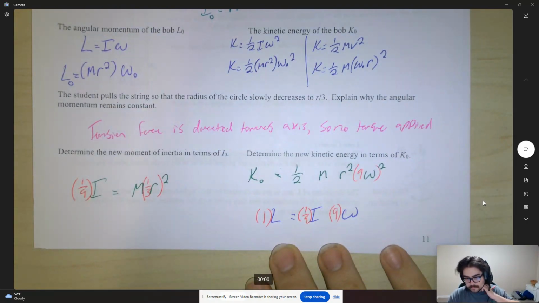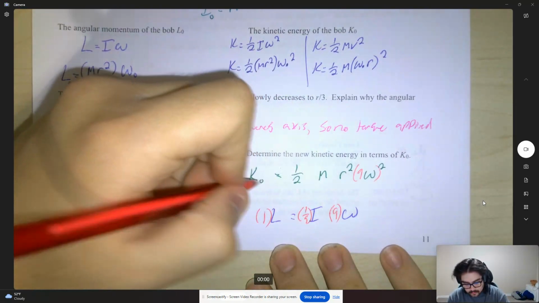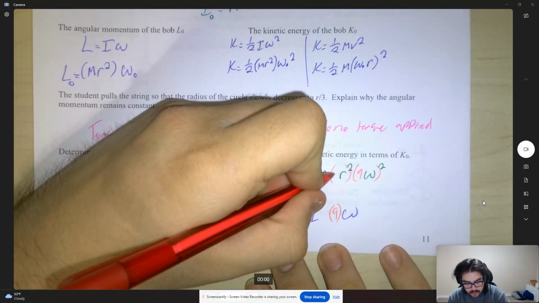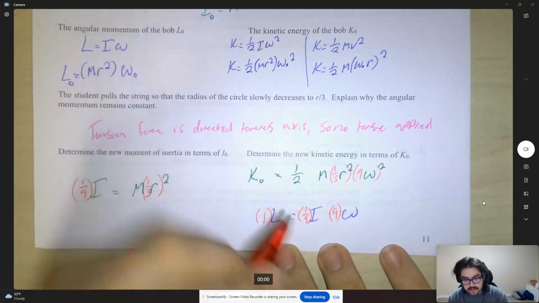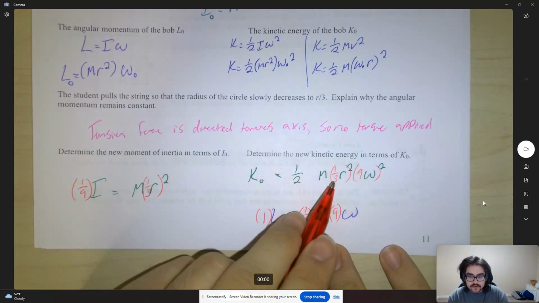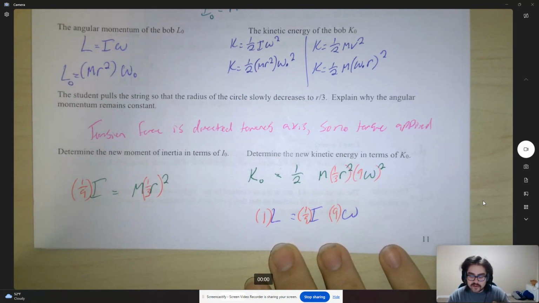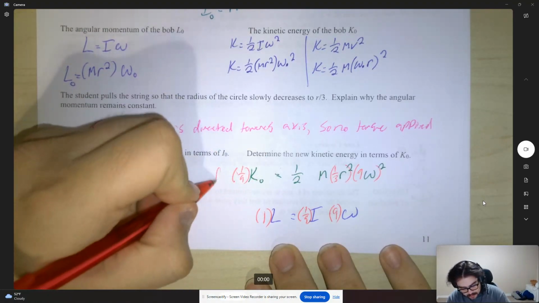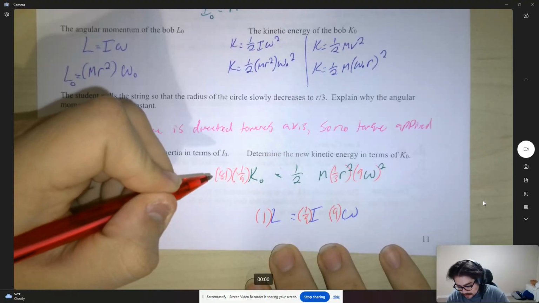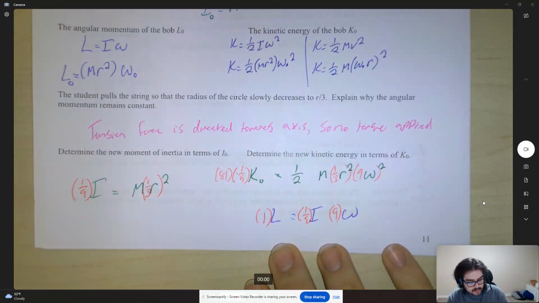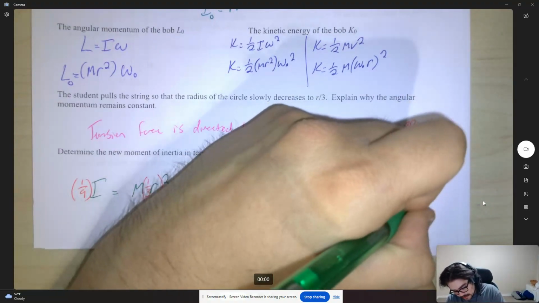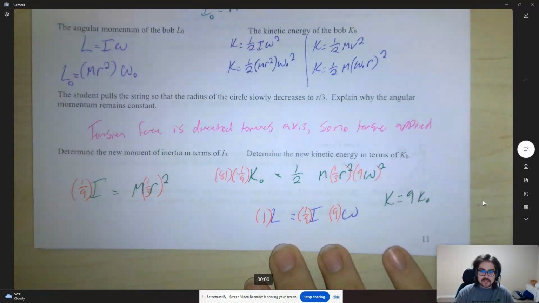And the radius is 1/3, so when you square it you get 1/9, and the omega squared gives you 81. So this is times 1/9 times 81, which gives 9. The new kinetic energy is equal to 9 times what the kinetic energy was initially.